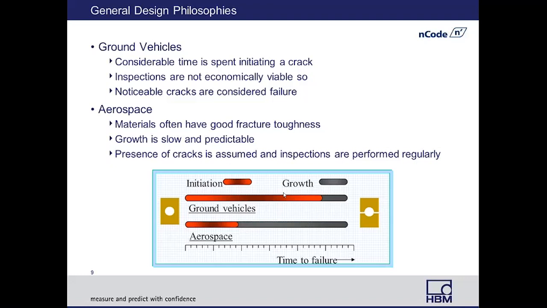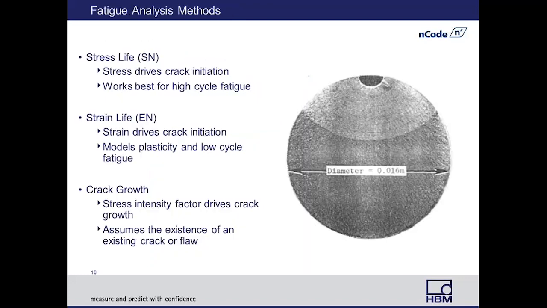And then they also have the assumption that cracks are always going to be present, and therefore they do perform regular inspections. I should also note that for the aerospace industry, when they are allowing for crack growth, they are also designing into their structures redundant load paths, so that if a crack were to reach a critical size and you had a failure, it's not going to be a catastrophic failure, and you'll be able to carry the load through adjacent components.